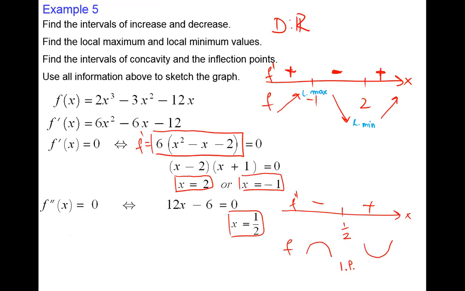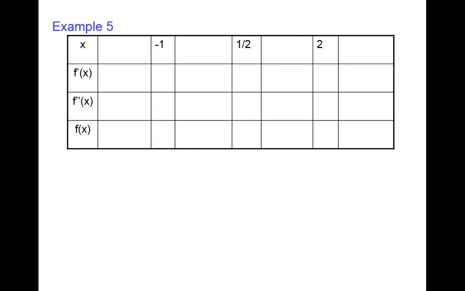Now how can we draw this function? You can probably put all of the information together, but I put all of them in one table. This is the first derivative line, this is the second derivative, and that's the function. 1/2 was the 0 of the second derivative. -1 and 2 were the 0s of the first derivative.